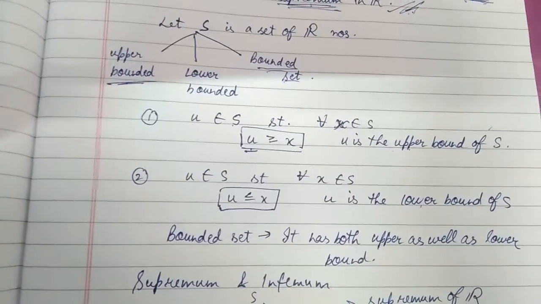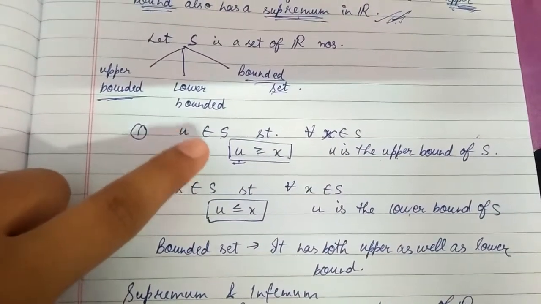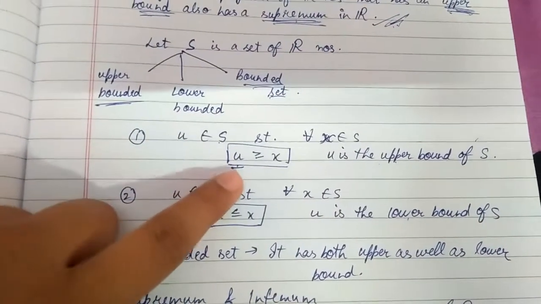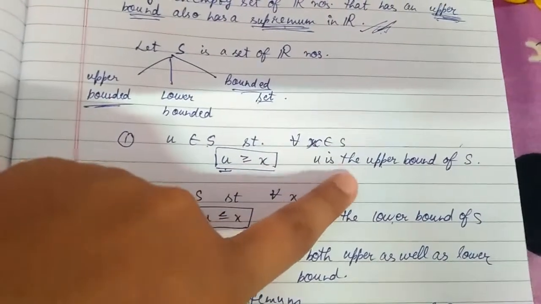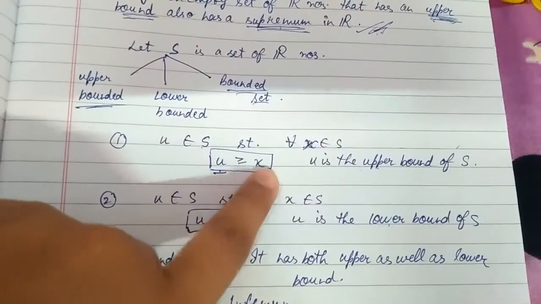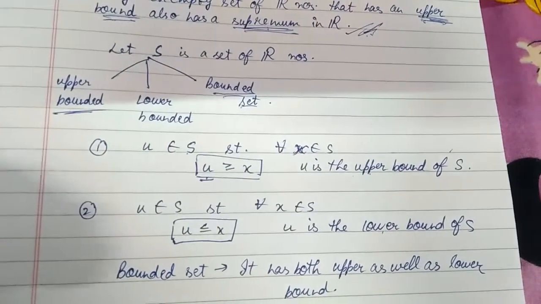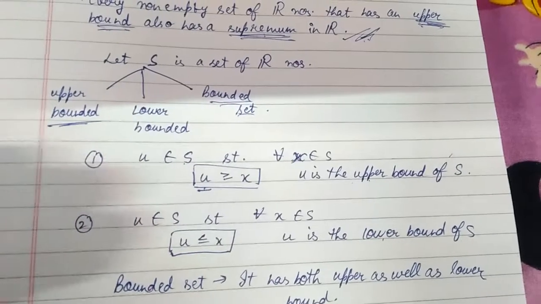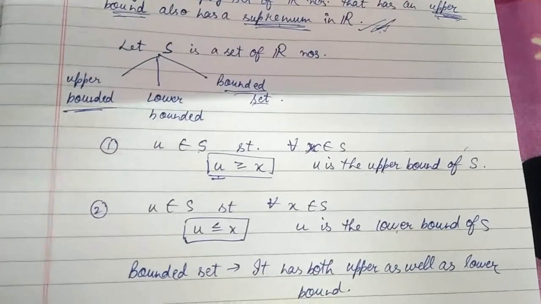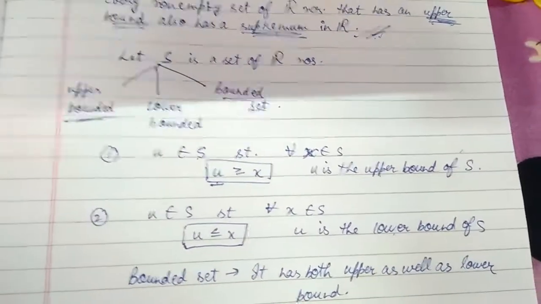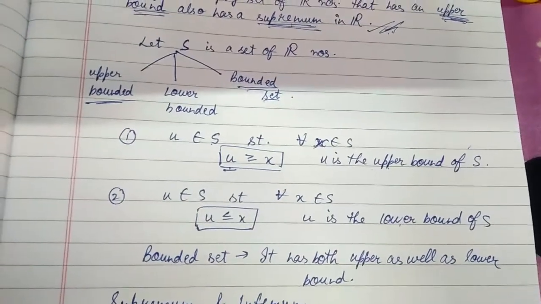The set will be known as upper bounded if there exists an element u that belongs to S such that for all x belonging to S, u is greater than or equal to x, then u is known as the upper bound of S. Like, if there is an element that is greater than or equal to all the x's, then u is known as the upper bound of S. Similarly, if u belongs to S such that for all x belonging to S, u is less than or equal to x, then u will be known as the lower bound of S.